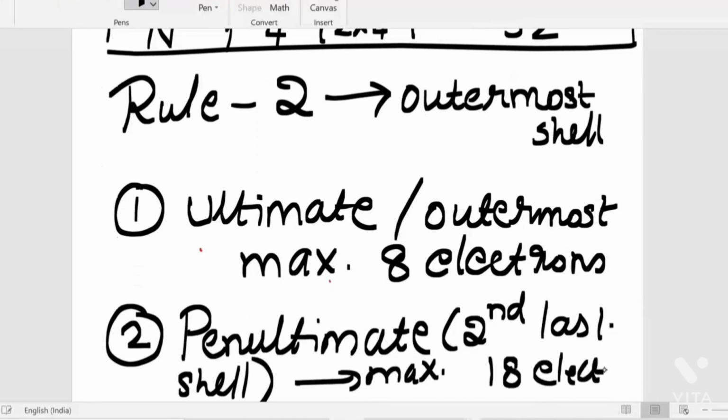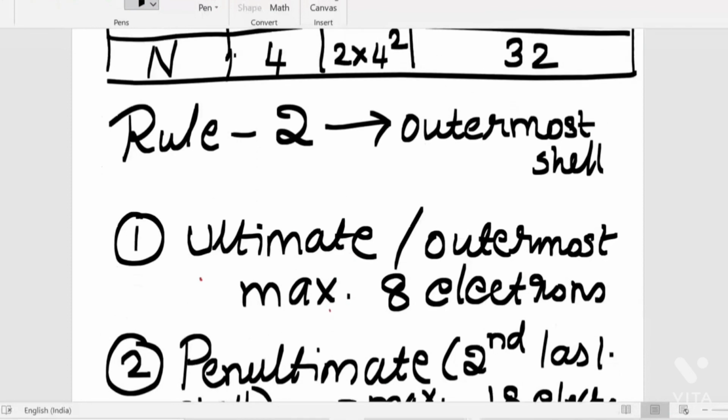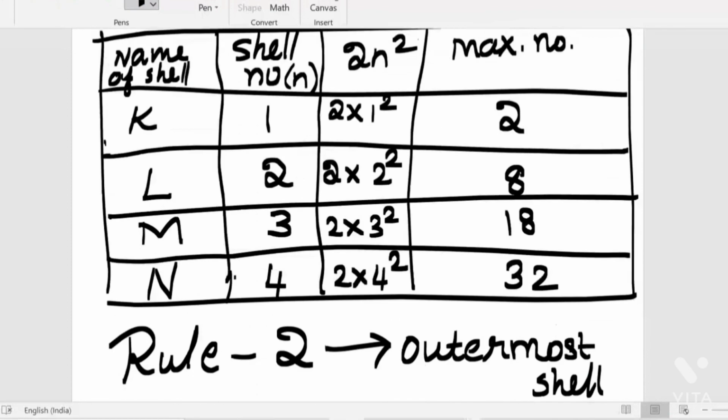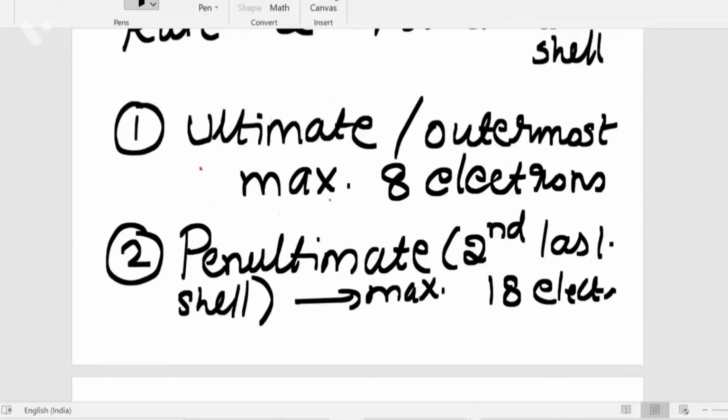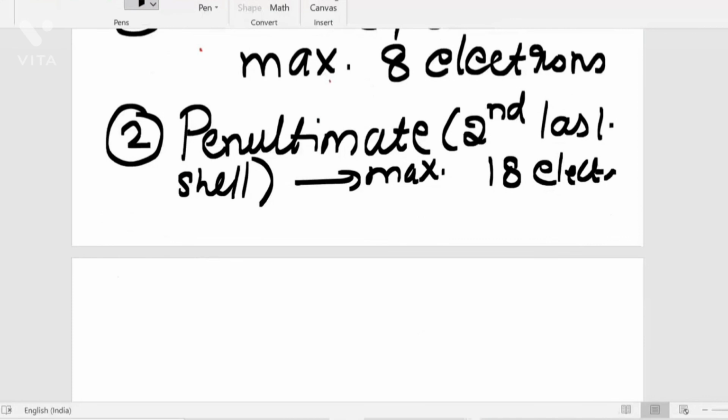So here the maximum number occupancy is only 18. That means the last shell, outermost shell, maximum 8. Second last shell or the penultimate shell, maximum 18. If more than 18 comes, we have to distribute into the next shell. By drawing another shell, like that, the distribution happens.